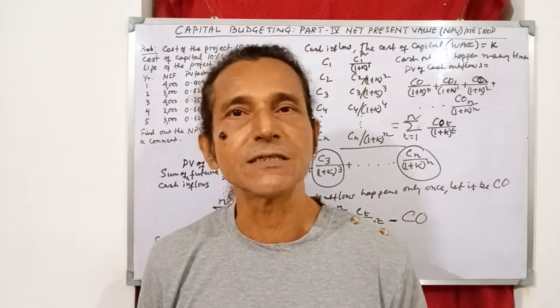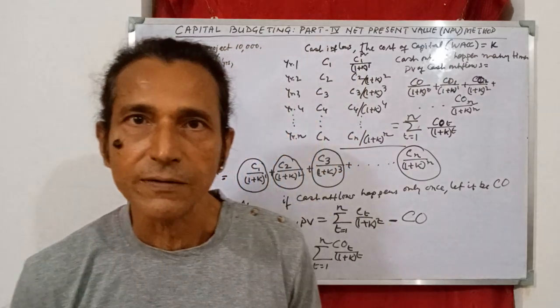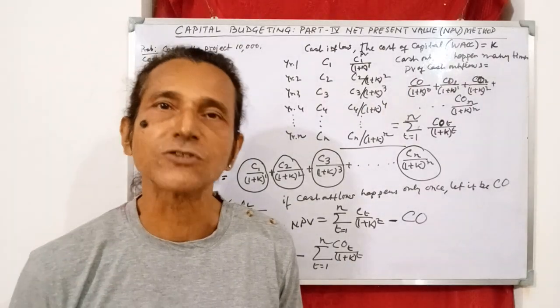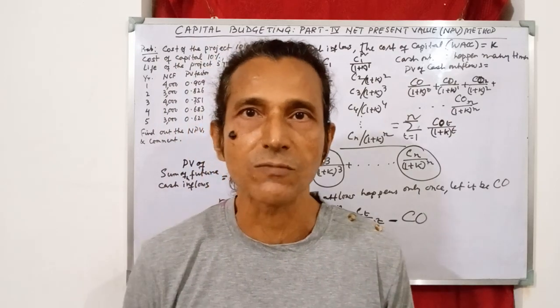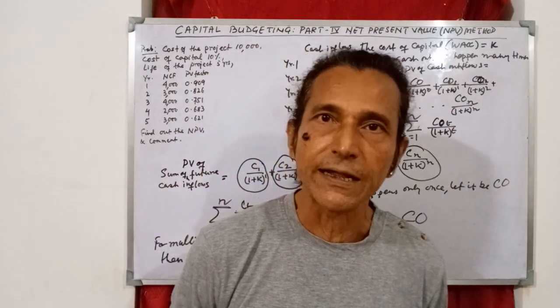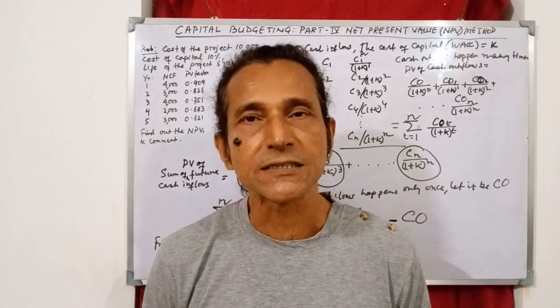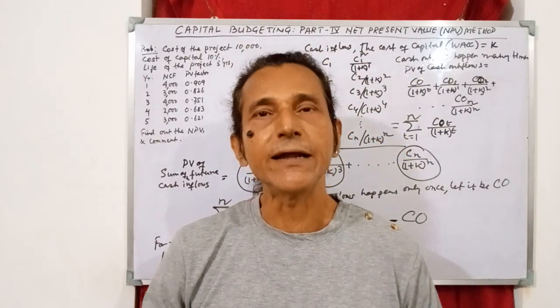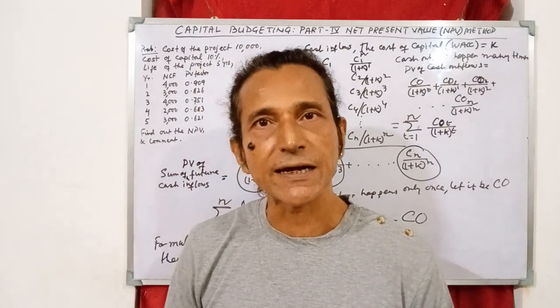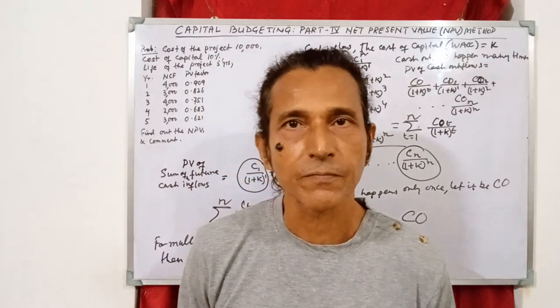And what are the limitations? Number one, it is very difficult to determine correctly the cost of capital, that is the weighted average cost of capital of the firm. It is very difficult to determine. Secondly, since risks and uncertainties are embedded in the future, predicting the future cash inflows correctly is very difficult.